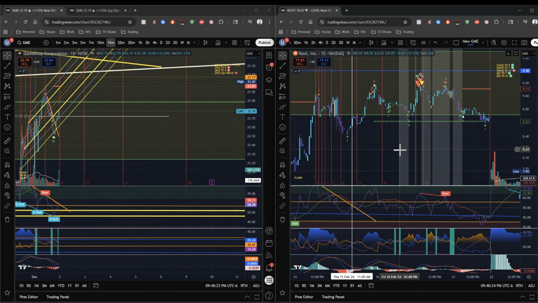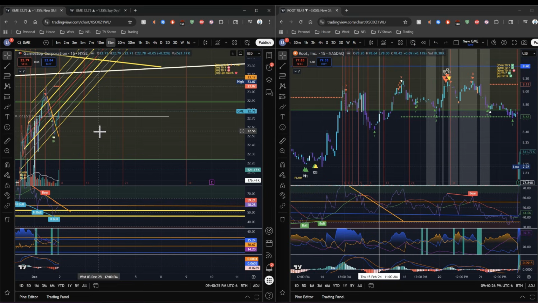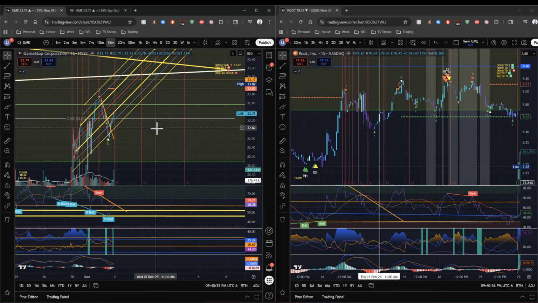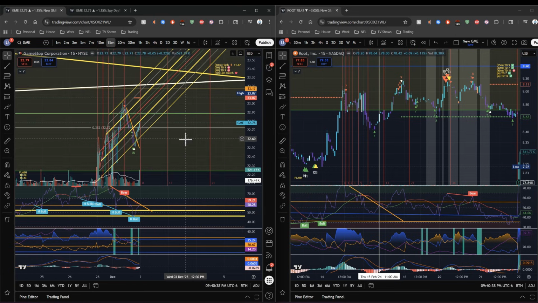So this is something I'm going to keep track of time-wise. I'm going to keep track of this fib fork channel as well. Granted, this is a very high channel. I've seen Jimmy do a lot of high, crazy, volatile projections before, so this isn't something new.